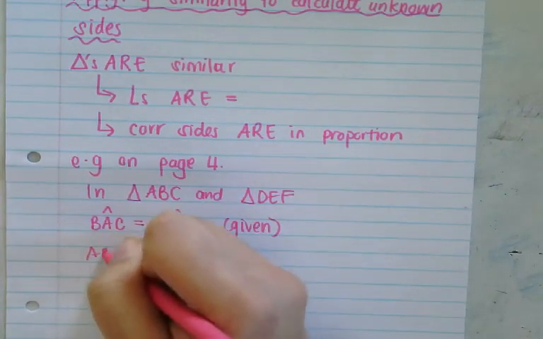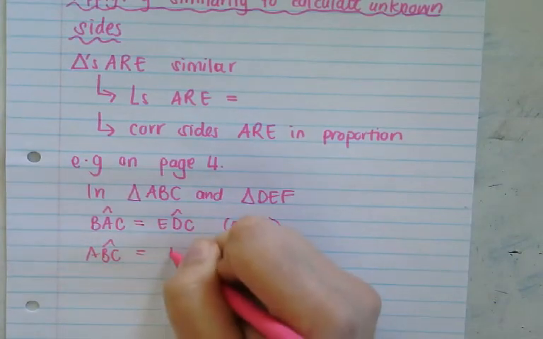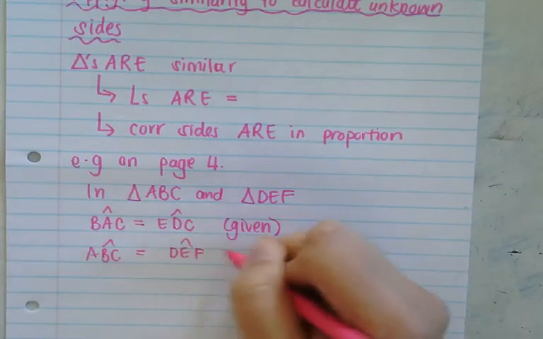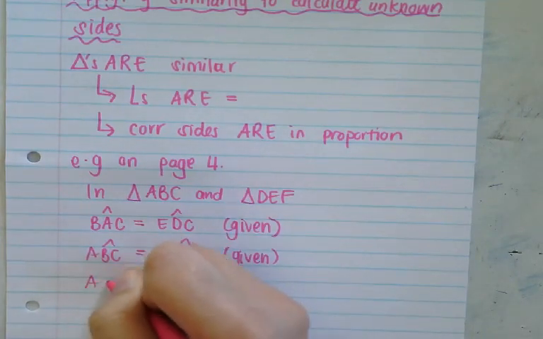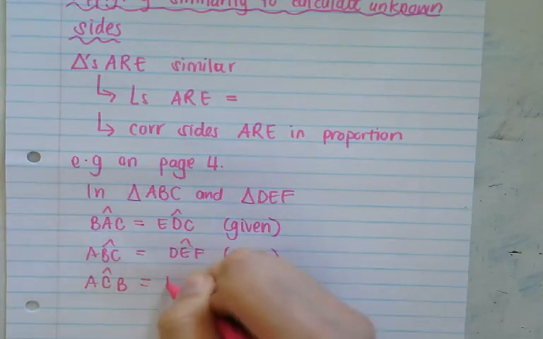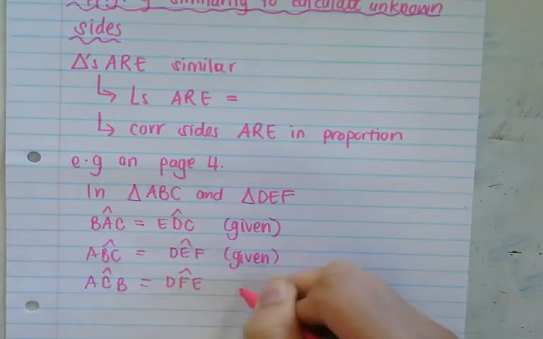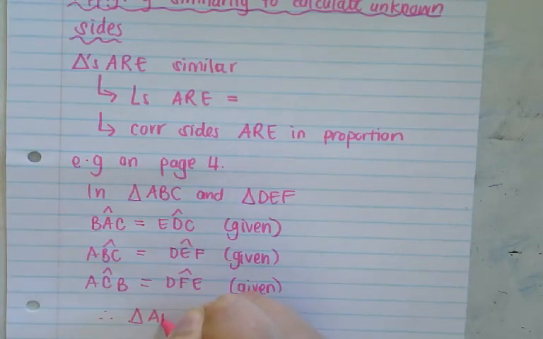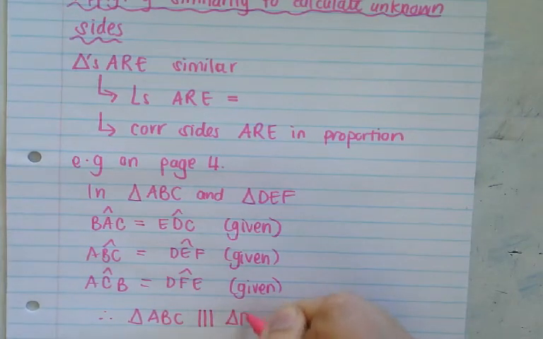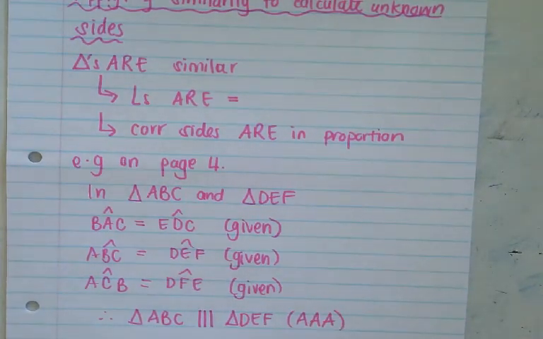Angle ABC is equal to angle DEF, and that is given to me. And angle ACB is equal to angle DFE, and that is also given to me. Therefore, triangle ABC is similar to triangle DEF, angle, angle, angle. So I have proven that they are similar. So my angles are equal.